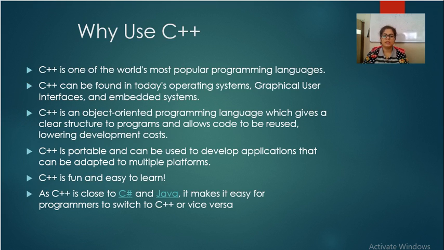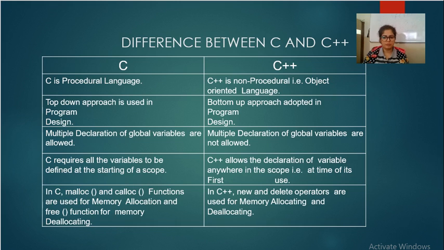Now the next thing is the difference between C and C++. As I have already told you, C++ is the extended version of C, so there are many differences between them. I just want to tell you some differences. C is a procedural language whereas C++ is non-procedural; C++ is an object-oriented programming language. What is the meaning of procedural and non-procedural?